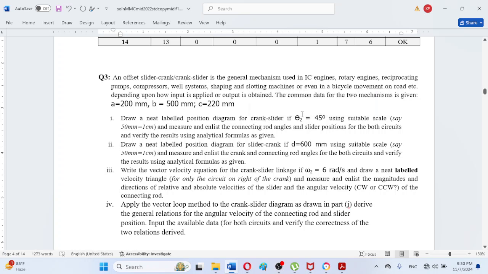So theta for the crank or input is mentioned here. Theta 2 means the input is the crank, and the crank link is usually denoted by the subscript 2 as link 2.